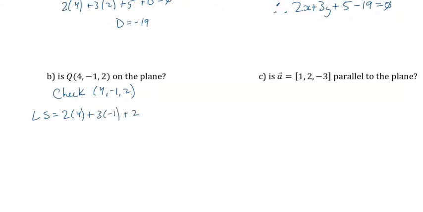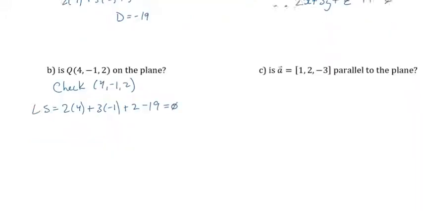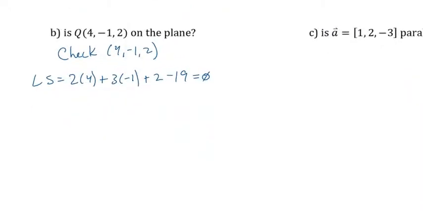Oh, I did type it in wrong. That's why. I'm going to have to go back and fix that. Because I wrote it wrong. Did anybody catch that? This should be z, right, instead of 5. And not equal 0. I did that this morning too. This works out to -12, which does not equal the right side. Therefore, Q is not in the plane.